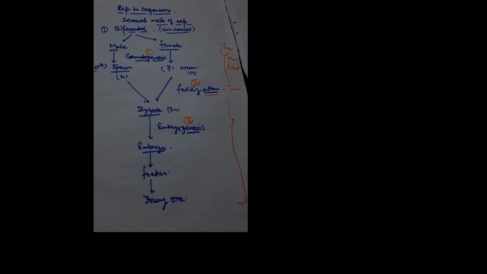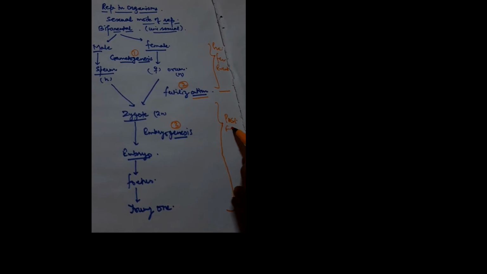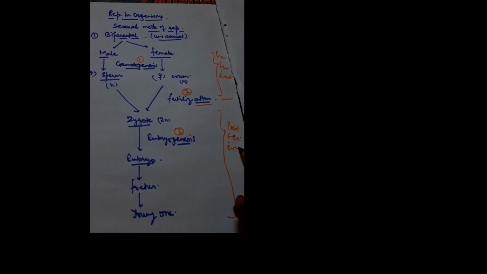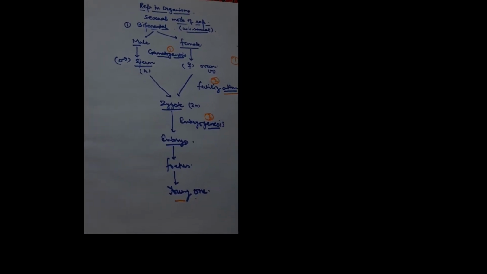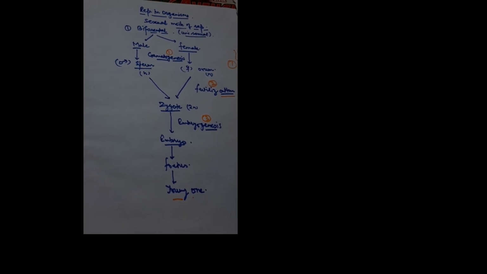Here it is, the post-fertilization event, right? And as a result, young ones are produced. So we can see here that the process of reproduction has 3 steps. Step number 1, pre-fertilization. Step number 2, fertilization, and step number 3, the post-fertilization event.